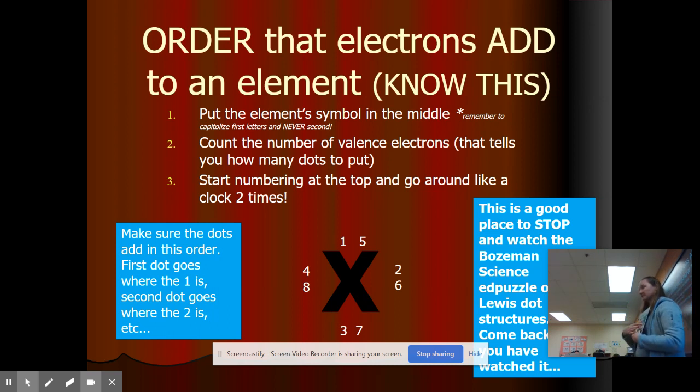We skip the transition elements because they change. They have some weird things going on. You know this because you have done the d shell orbitals and they do some weird things. So we skip the short rows. When you get to 13, you take the 1 off, there's 3 left, right? So there's 3 valence for 13, there's 4 valence for 14, 15 is 5, 16 is 6, 17 is 7, and 18 is 8.